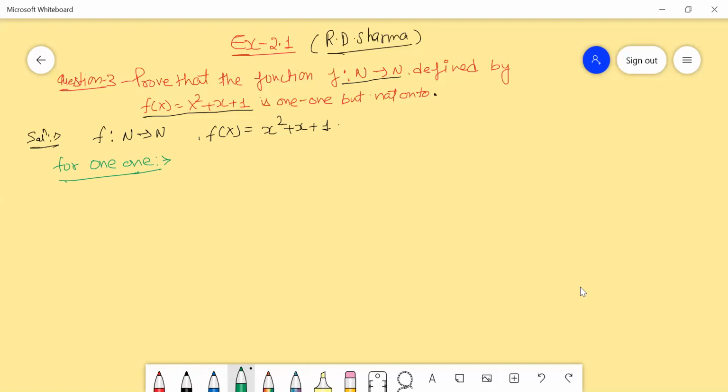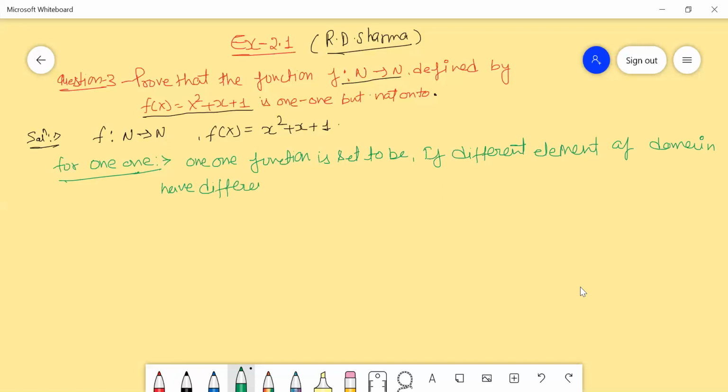Firstly, let us see the definition of one-one. A function is said to be one-one if different elements of the domain have different images in the codomain.